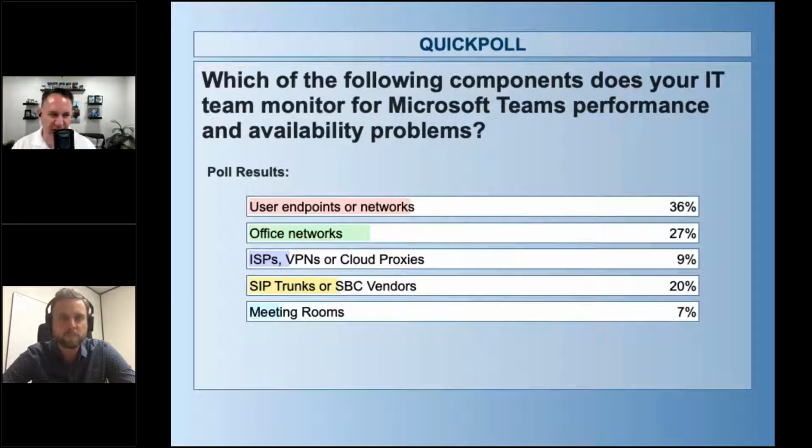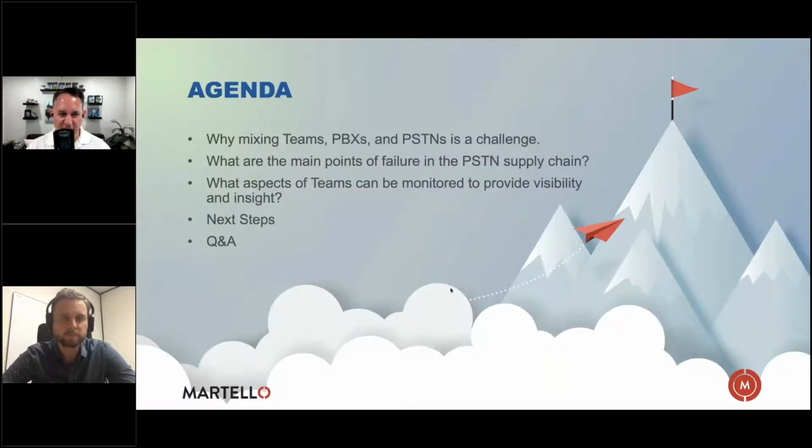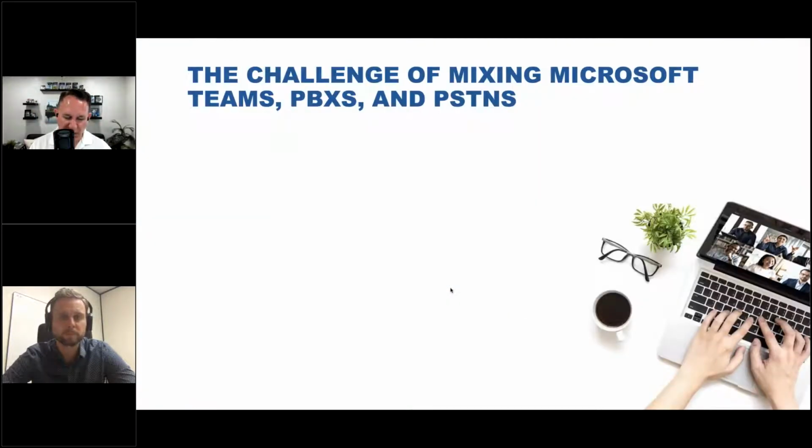Yep, it makes sense. So let's jump into the agenda here. I'm going to go ahead and put it up on the screen. The first topic we're going to talk about is just the challenge here. And it's interesting, Rob, you mentioned the changes that have happened over the last 14 to 16 months around what connectivity looks like, where people physically are, those kinds of things. You kind of alluded to some of that, and everyone obviously in the audience knows this.